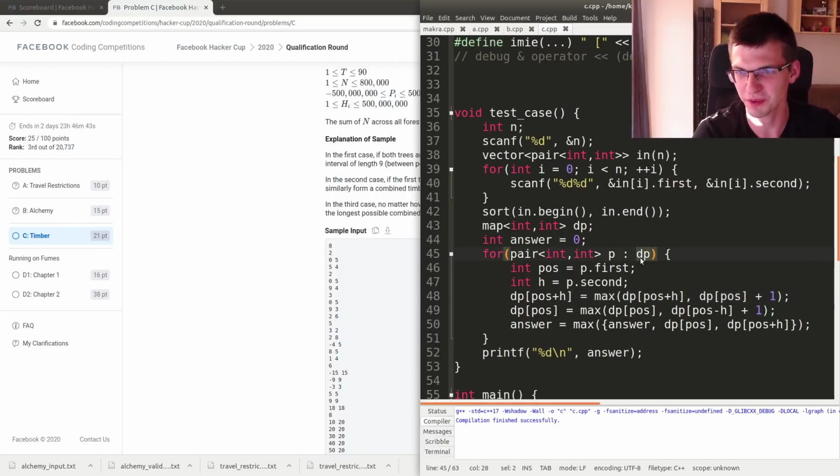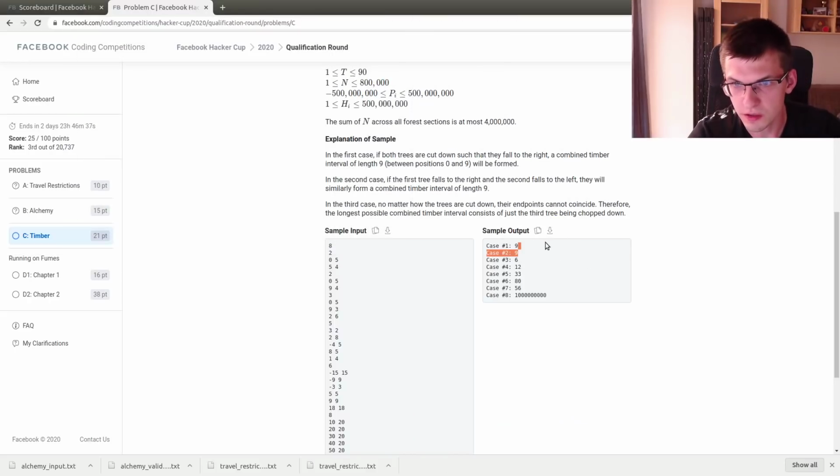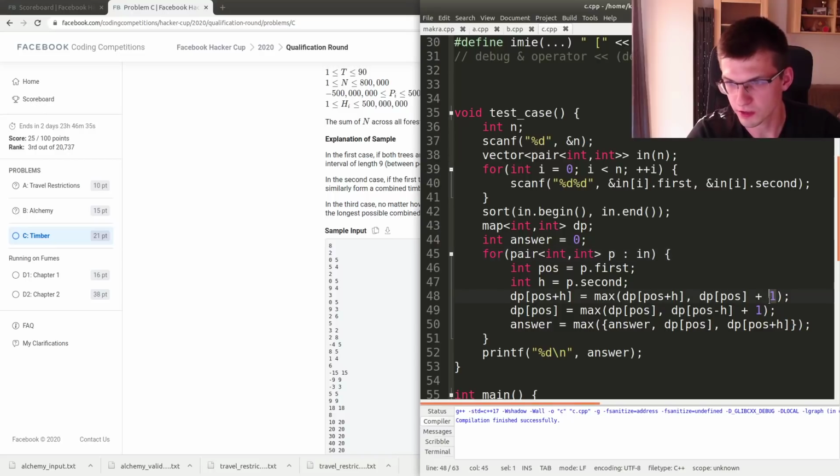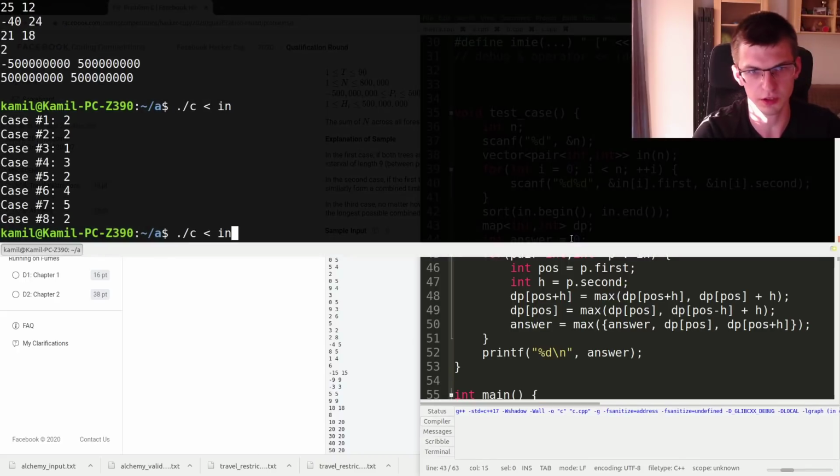I'm iterating over pairs in DP. That's not very smart. Oh yeah, and here H, which means I need longs. No, I don't. The total thing will not be big.